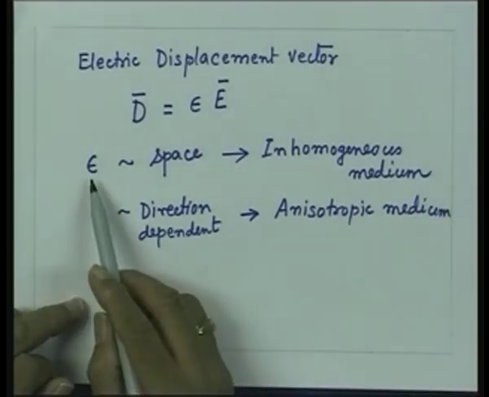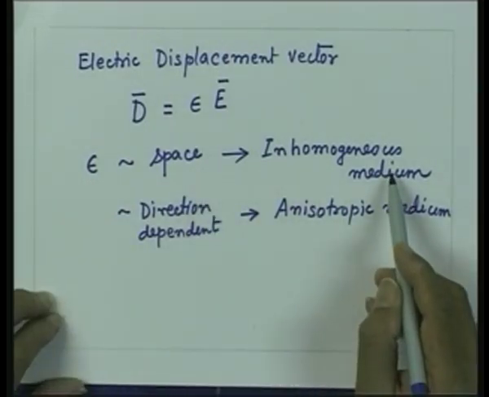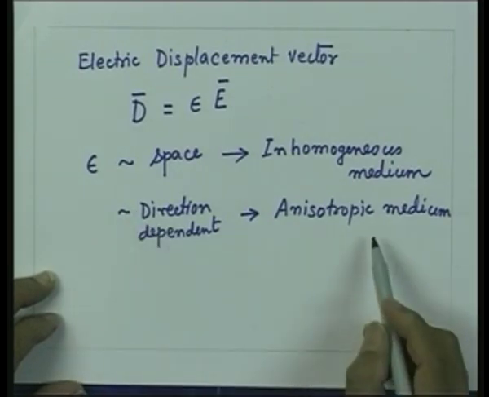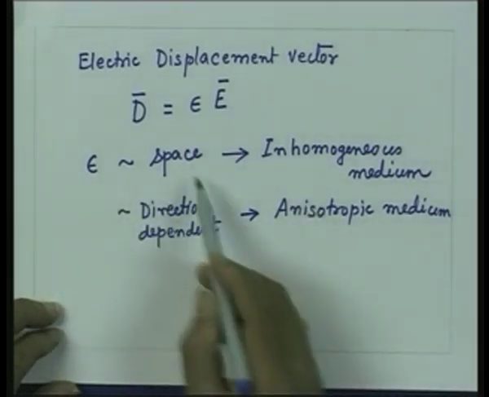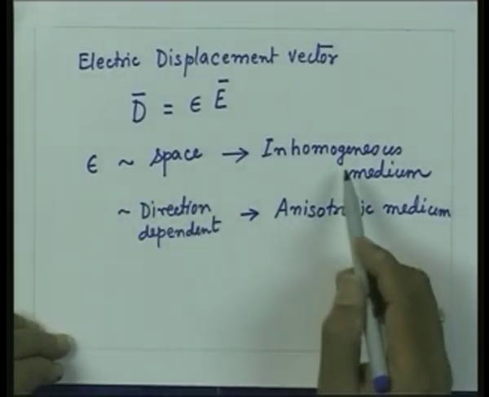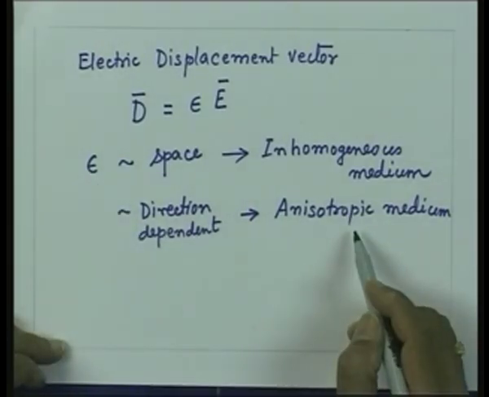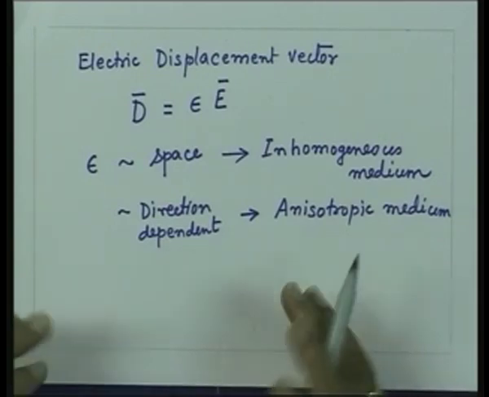So, if epsilon varies as a function of space, we call the medium inhomogeneous. If the epsilon is direction dependent, then the medium is called anisotropic. If the medium is not varying as a function of space, then we call the medium homogeneous, and if epsilon is not varying as a function of direction, then we call that medium is isotropic medium.